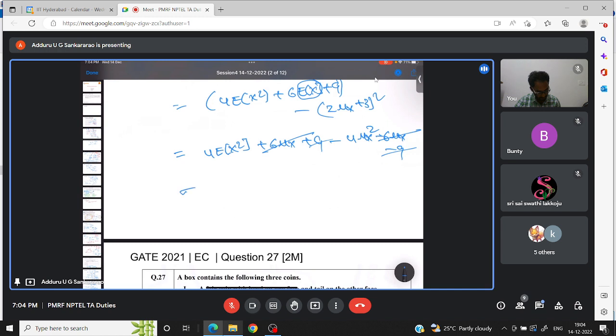So what we got is sigma y square equal to 4 times (expectation of x square minus mu x square). Expectation of x square minus mu x square is nothing but the variance of x, which we have already seen. So sigma y square equals 4 times sigma x square.